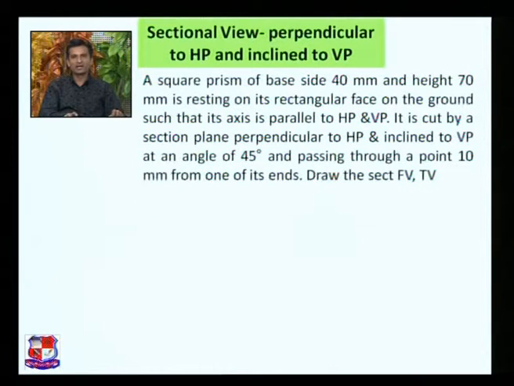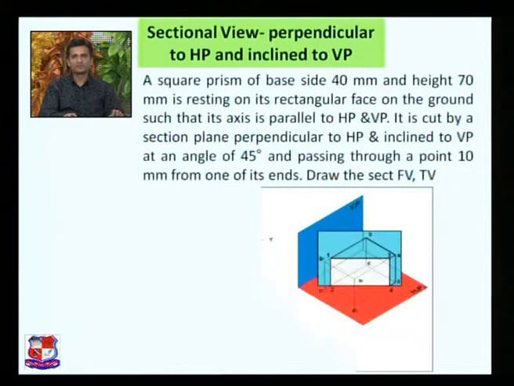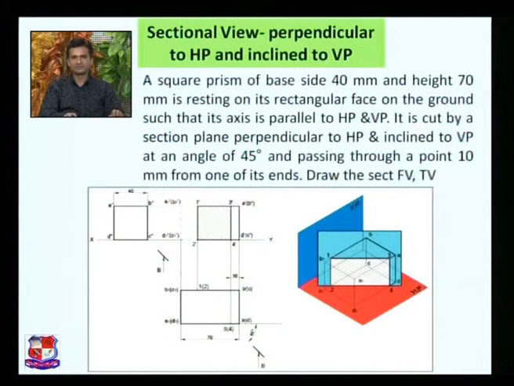Here we forget about the dimensions, we just draw the case, how to draw it. The given case is like this one. A square prism is drawn over here. So first we have to draw a square, and then the cutting plane is like this. It makes an angle of 45 degrees with HP. So it passes through the point at a distance of 10 mm from one of its ends.